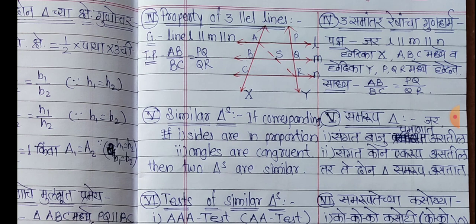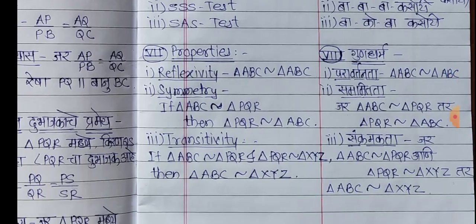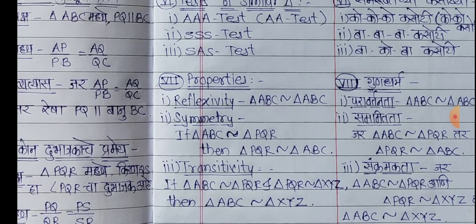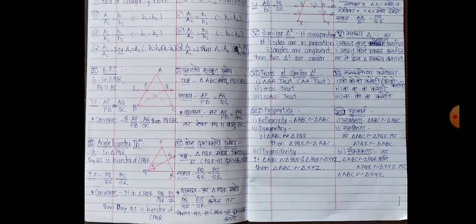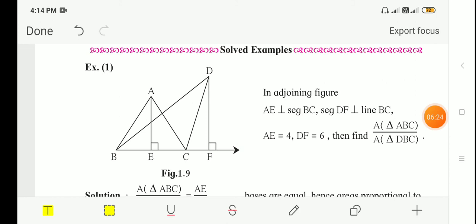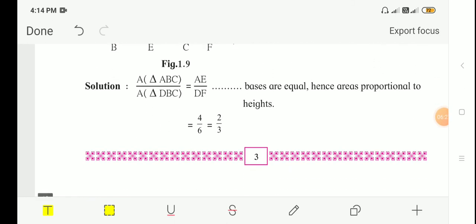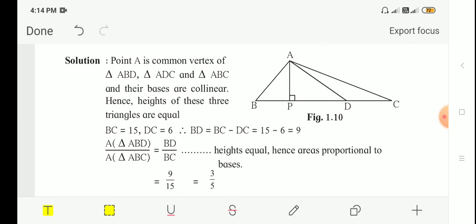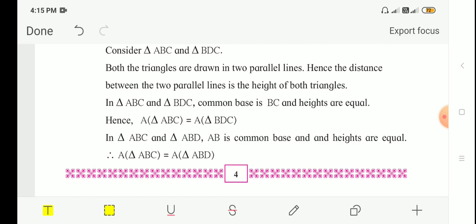Third, parallel lines and transversal. Next, similar triangles, tests for similar triangles and their properties. These are the important concepts depending on the first topic. Make the chart and then solve the examples based on the first concept. Understand the solved examples in the book and then solve the practice set for the first concept.